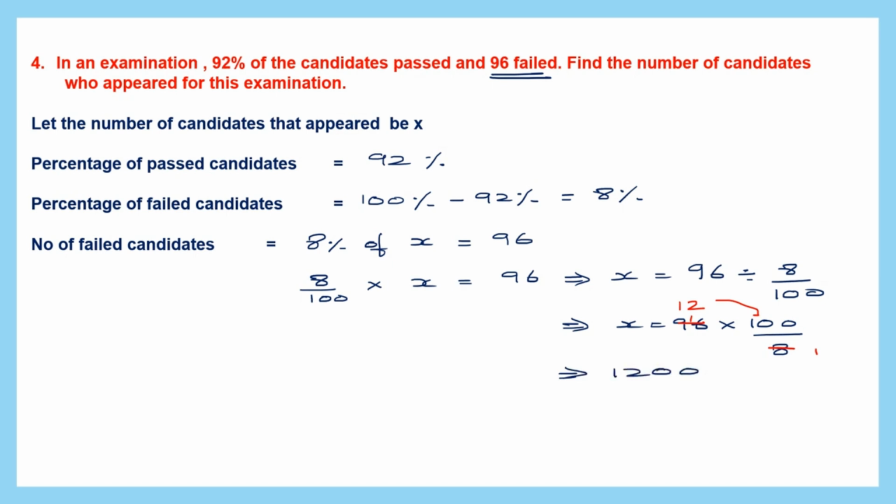So that is the value of X. X is 1200. And what is X? Look at the first statement. We said, let the number of candidates that appeared be X. So we have found the number of candidates that appeared, and that is 1200. Number of candidates that appeared is 1200.